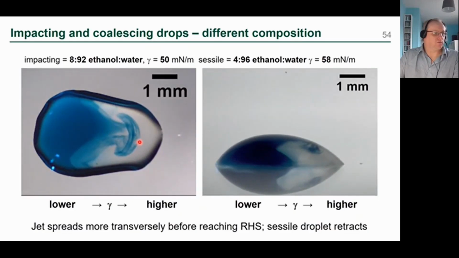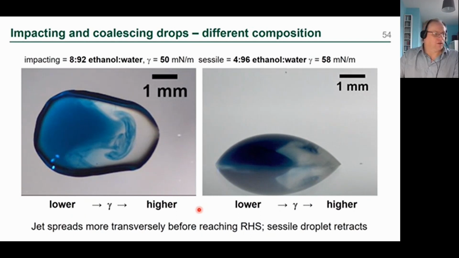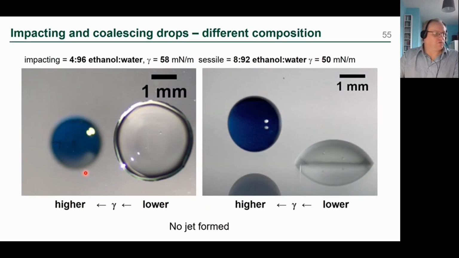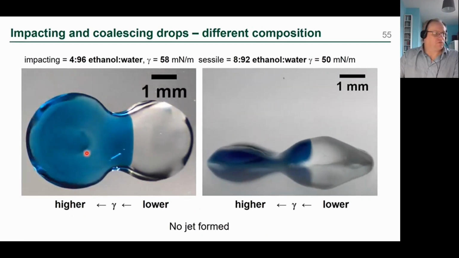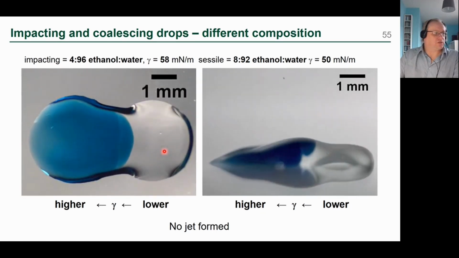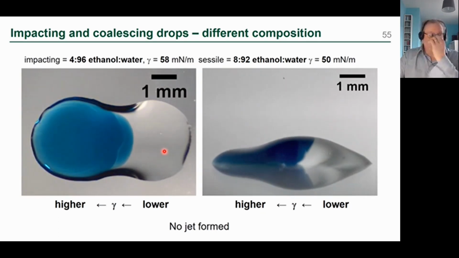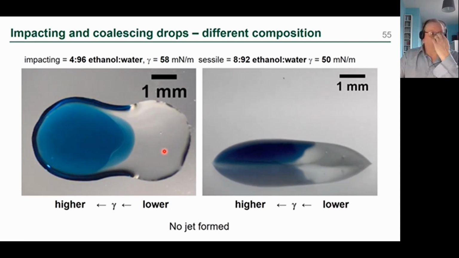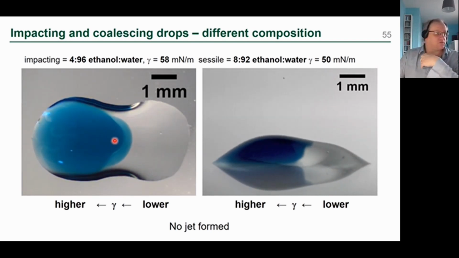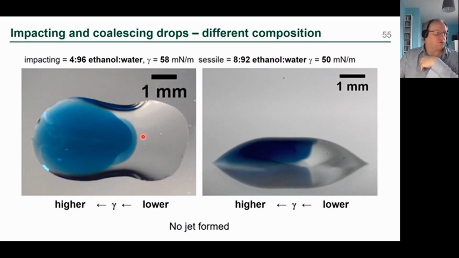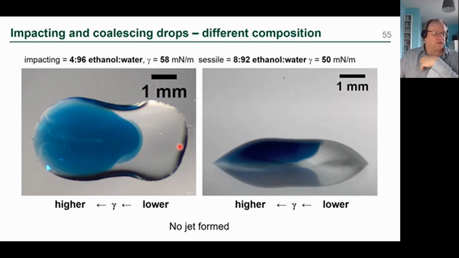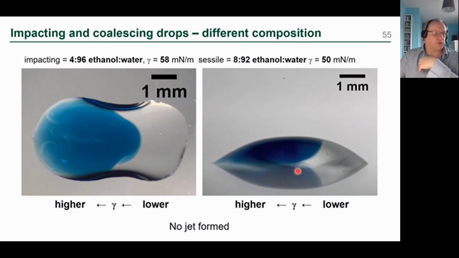It will pull liquid from the second droplet, and it will tend to spread things out more than in the equal property case. Whereas if you make the surface tensions opposite, so now the second droplet has a higher surface tension than the first one, you see that there's no jet formed at all, and that's because the surface tension here is pulling liquid from the original droplet into the second one, and it's inhibiting that jet formation.